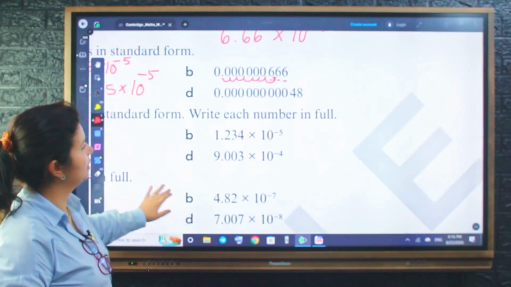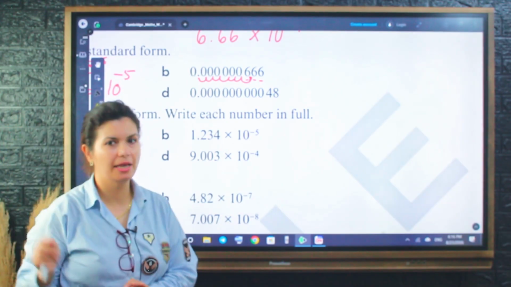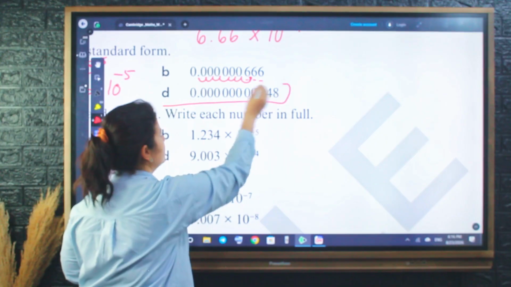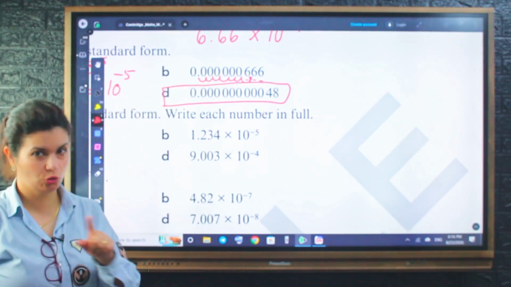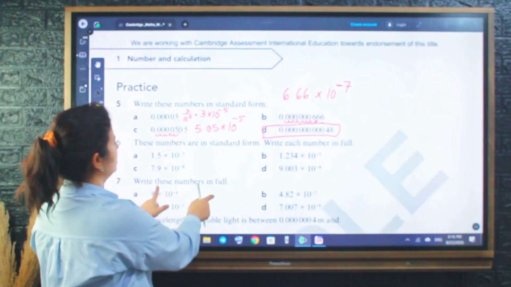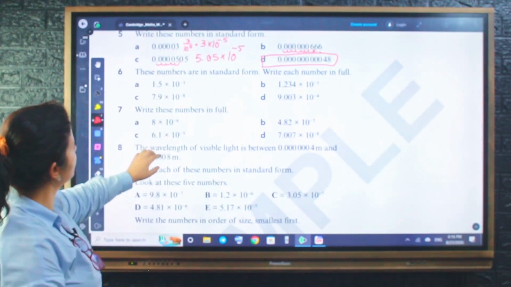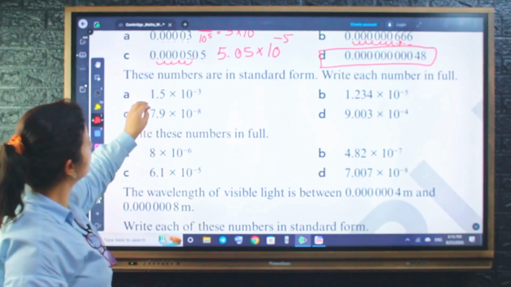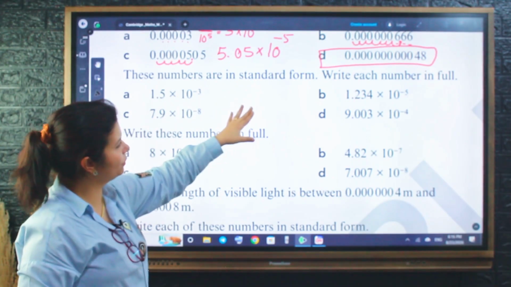Okay, guys. Look at letter D and try to solve this one and write the answer in a comment. You try. Okay. Here, number 6, write each number in full. These numbers are in the standard form, right?